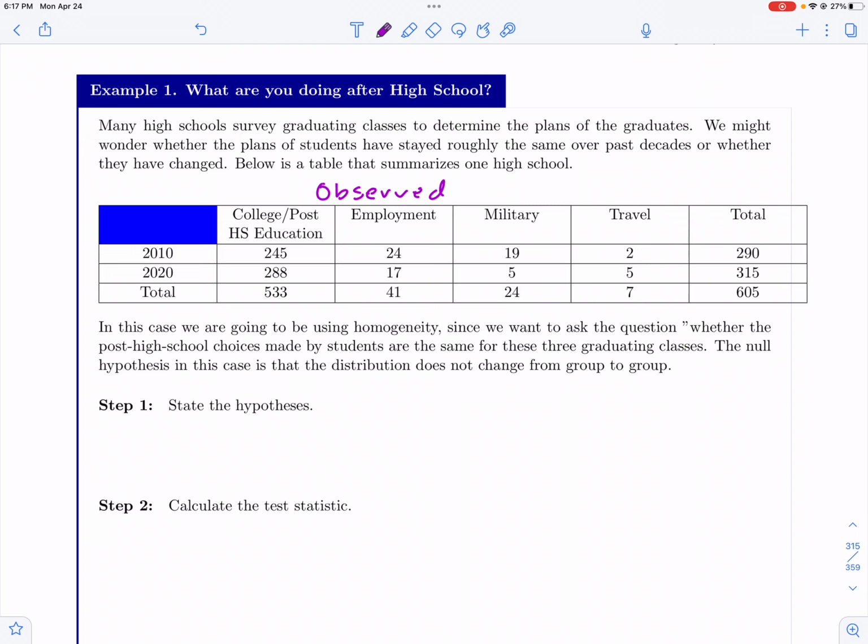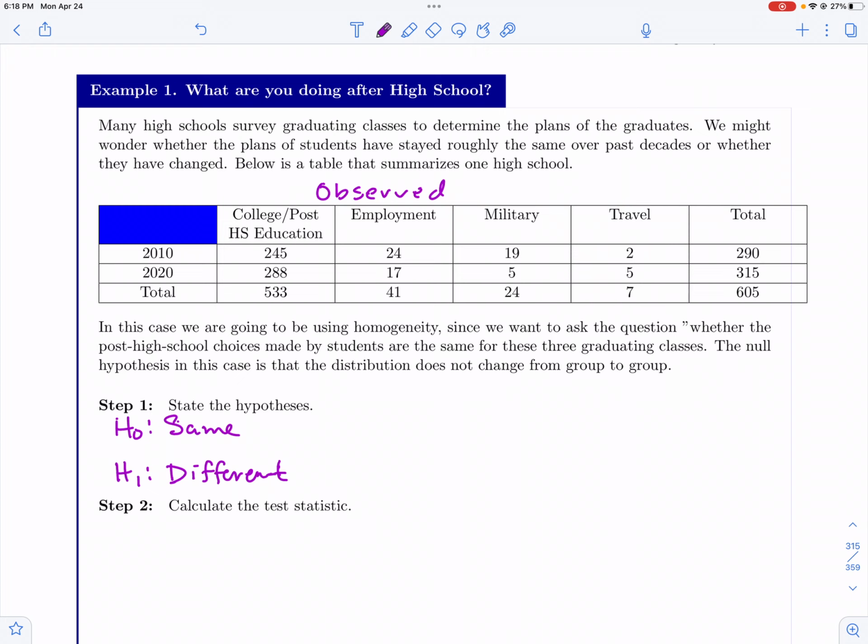Our possible choices were they could go to college or some post-high school education, they could go straight into the workforce, they could go into the military, or they could take a gap year and travel. So we've got all of our observed matrix laid out. If we want to state our hypotheses, the two distributions are different is what we're trying to show, but the same would be the null hypothesis for this one.